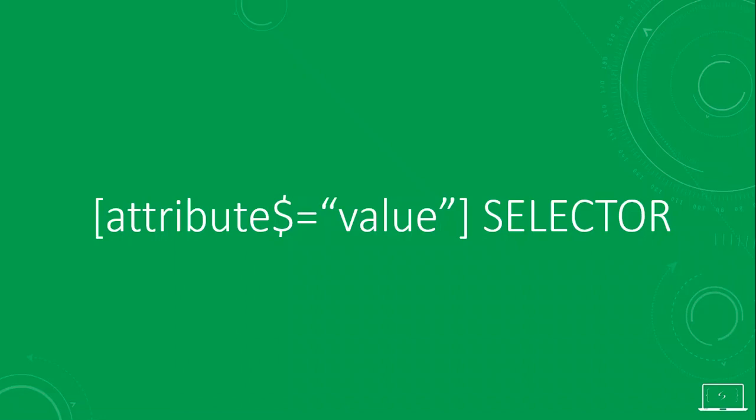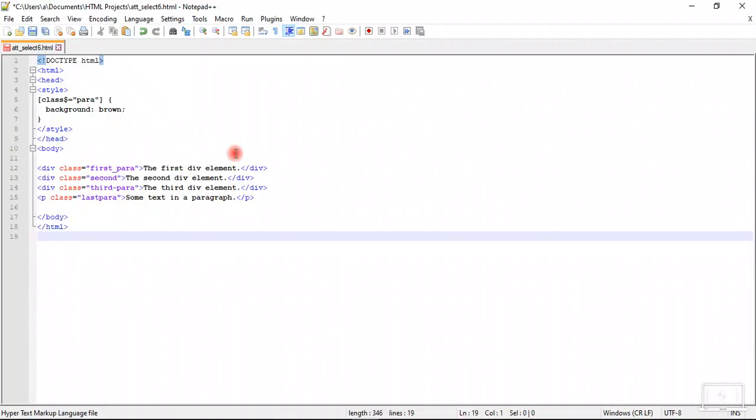Then comes the CSS attribute $= is equal to value selector. The attribute $= is equal to value selector is used to select elements whose attribute value ends with a specified value. For example, in this, all elements having class attribute ending with para are selected for styling.